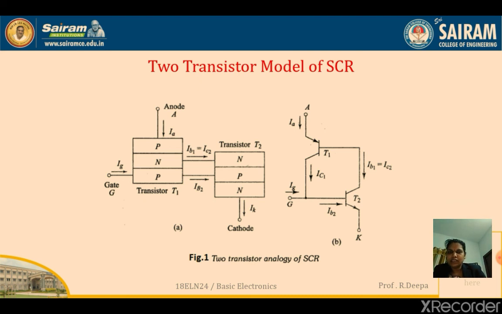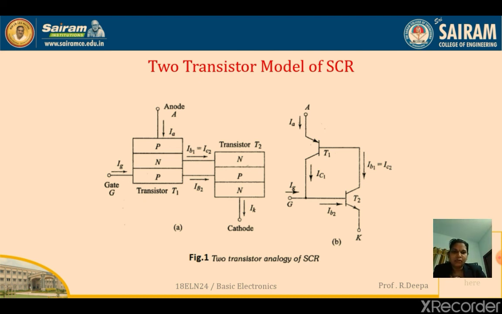From the anode it starts as IA, and when it flows towards the cathode it is represented as IK. As the two transistors are connected back to back, the base current IB1 of transistor T1 is the same as the collector current IC2 of transistor T2. Similarly, the base current IB2 of transistor T2 is equal to the collector current IC1 of transistor T1.